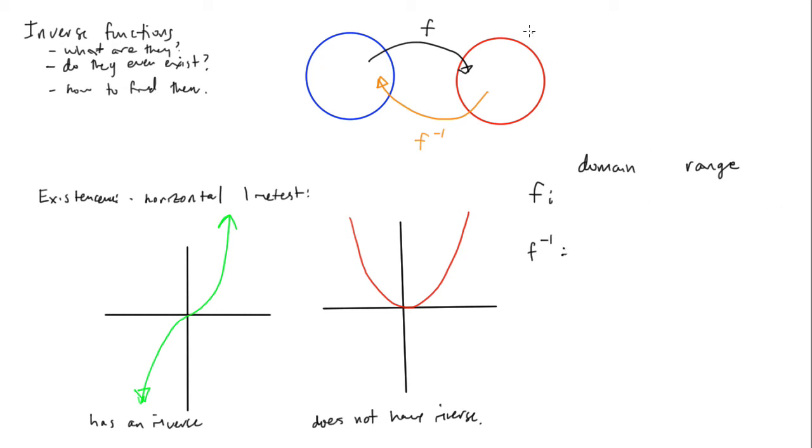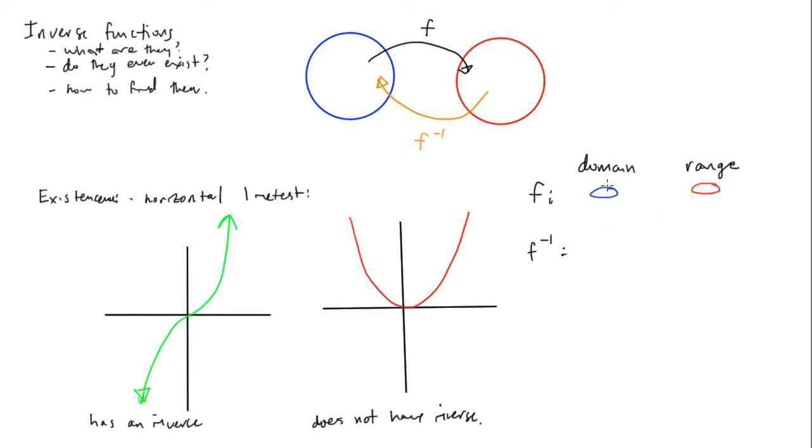They're both functions, and so they have domains and ranges. And if the domain of the first set is the blue circle, and the range of that function is the red circle, then what f inverse does is just sort of takes us backwards.